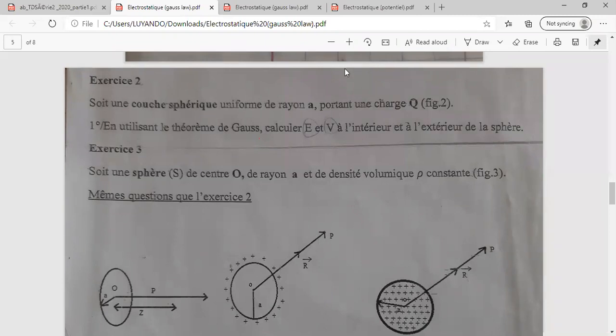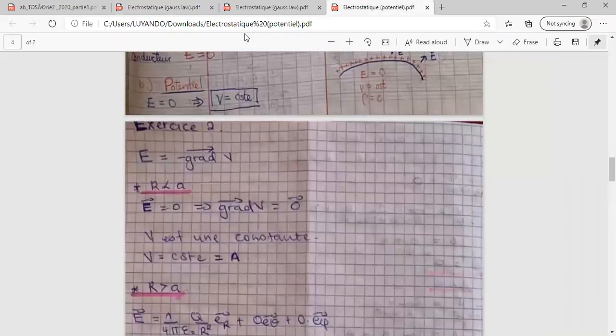Last time we calculated that in the interior, we have a charge like this. Let me just draw it. We've got a sphere, and then we have charges outside.